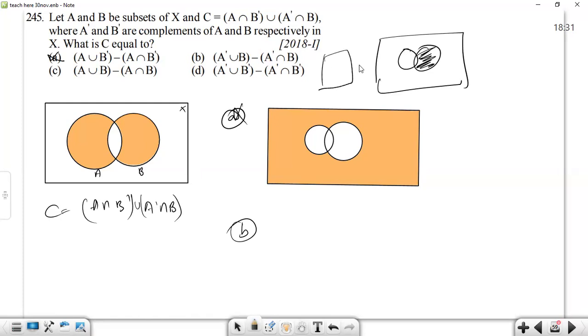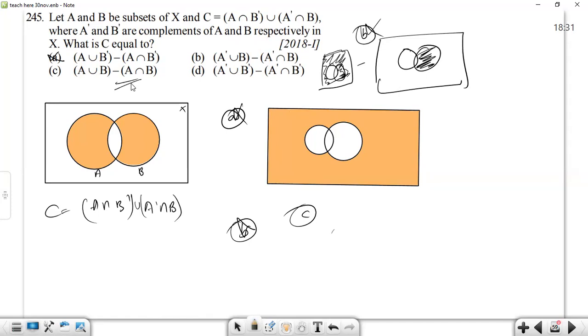Now the first term will look like A complement union B, so it is like everything other than A. Okay, and it is getting subtracted by this. So this will also look like the first option. So B option is also not correct. Is that clear, or should I draw it properly? Is that clear?